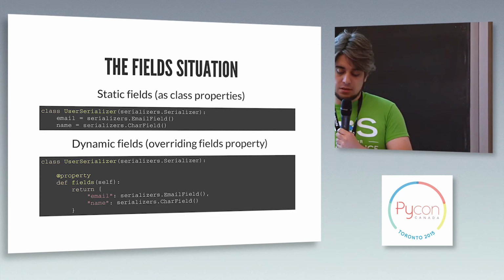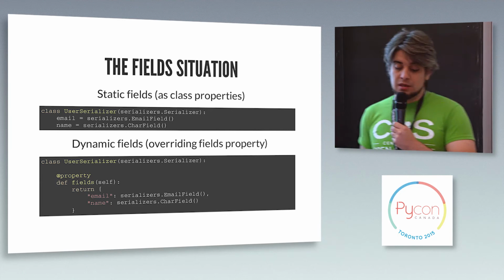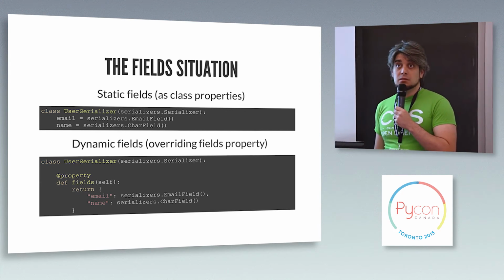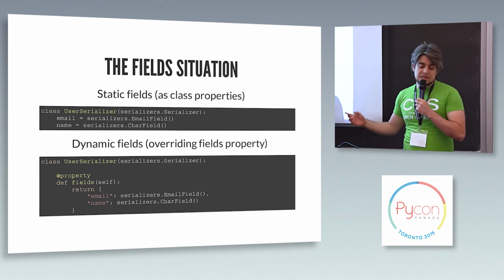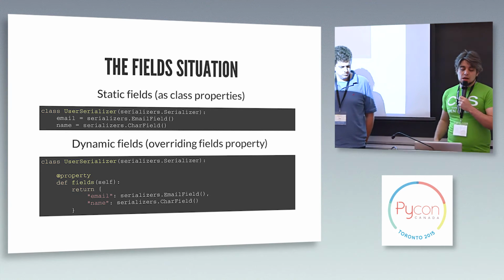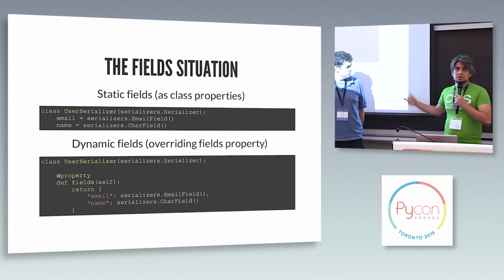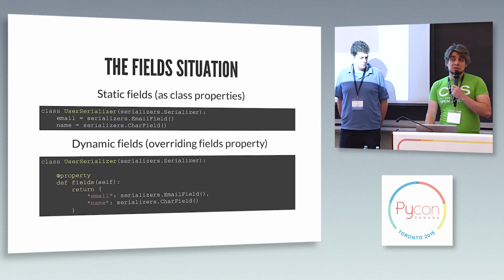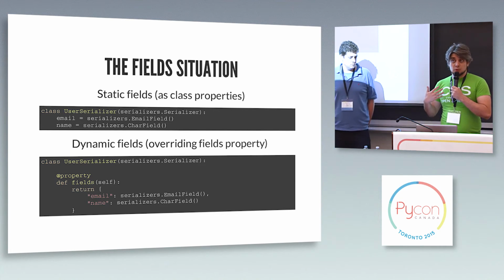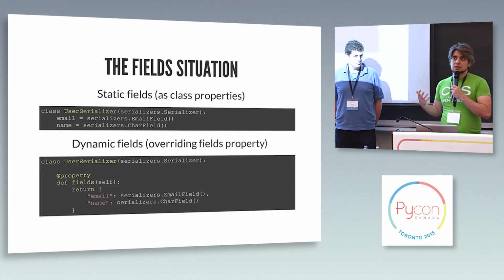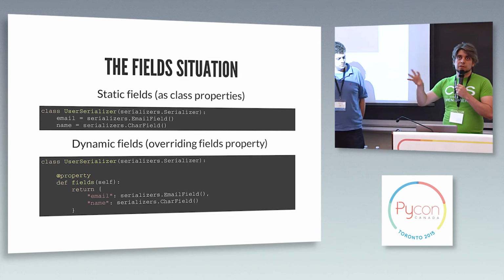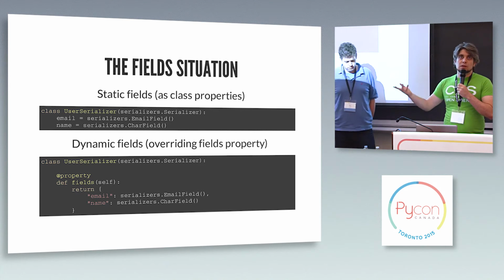However, if you don't want this, you can do it dynamically. You can override the fields property of the serializer. In this case it happens to be static again, but you can imagine doing more complicated things here. One example is, suppose the user is allowed to define their own questionnaire, which is the example we had to deal with. They can define different kinds of questions, like drop-downs or free-form fields or numbers or whatever.